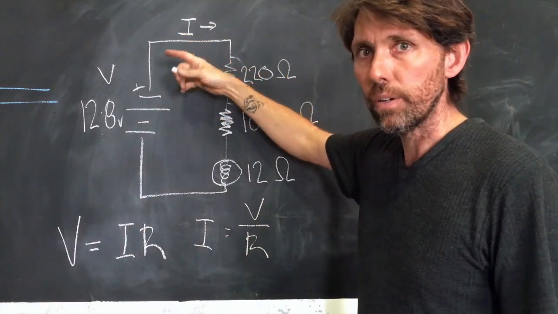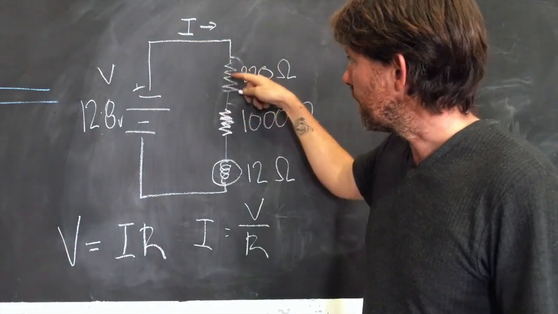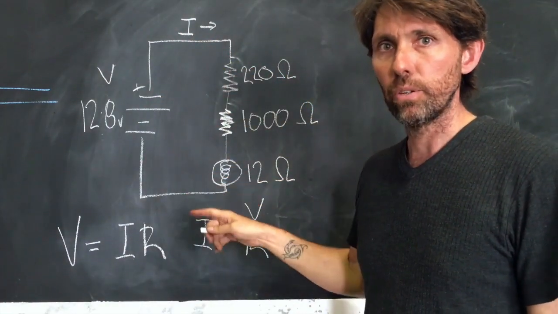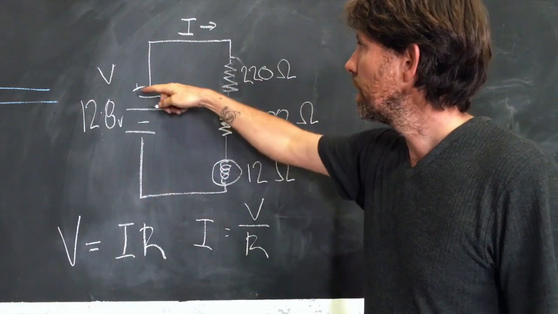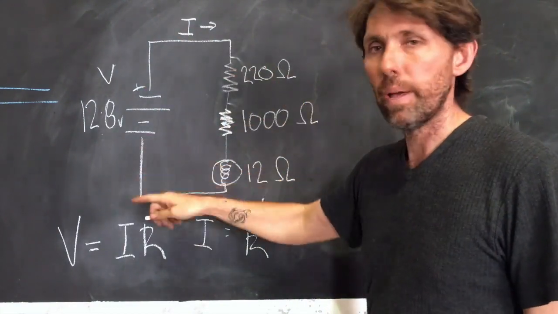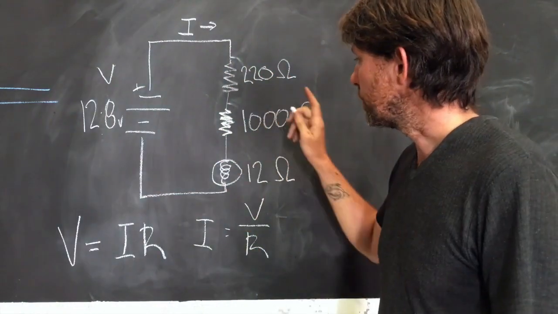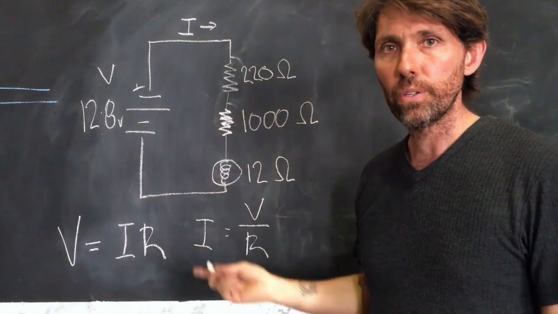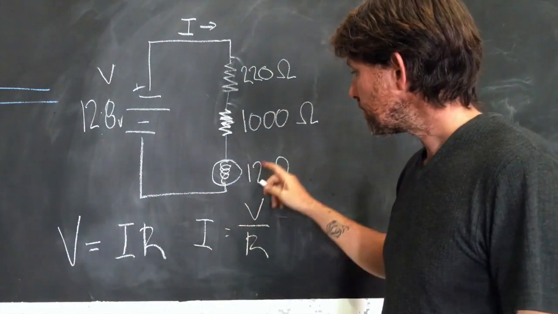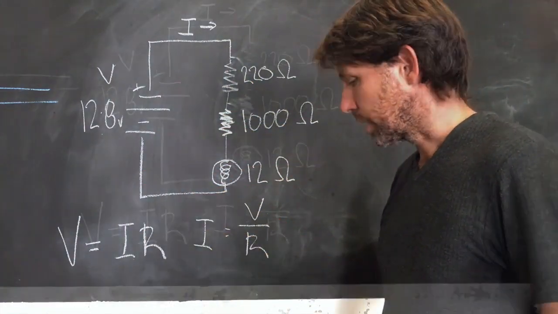With current, as it flows, it doesn't vary at different parts of the circuit the way voltage drop does. Once you figure out how much current's flowing in the circuit, it always flows the same amount throughout the entire circuit. So in order to figure out current, we add up all the resistance on the circuit, presuming the wires are zero, divide our voltage, and that'll tell us what we've got.